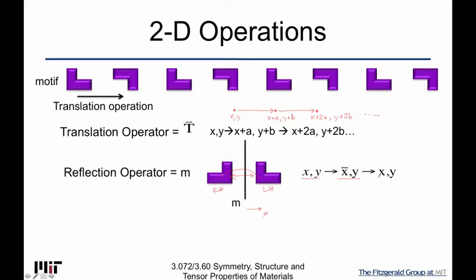And then when I transform back, it's going to flip back, and I get back to the original coordinates. So you can see that intrinsically in this. If I flip once and I flip back, I come back to the same object I had before. So unlike translation, where it keeps on going forever, this one just keeps on going back and forth forever, back and forth, back and forth.